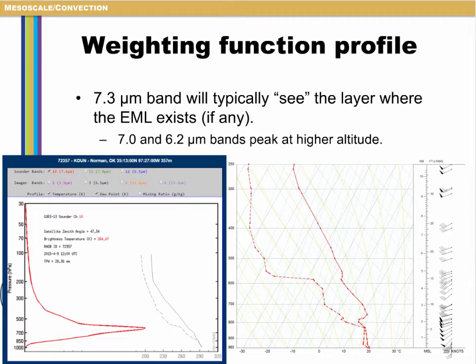Recall in the training modules on water vapor imagery that the weighting function profile for the other two water vapor bands at 7.0 and 6.2 microns peak at higher altitudes than 7.3 microns, usually above the level where the EML exists. This is why we choose the 7.3 micron band for EML identification.